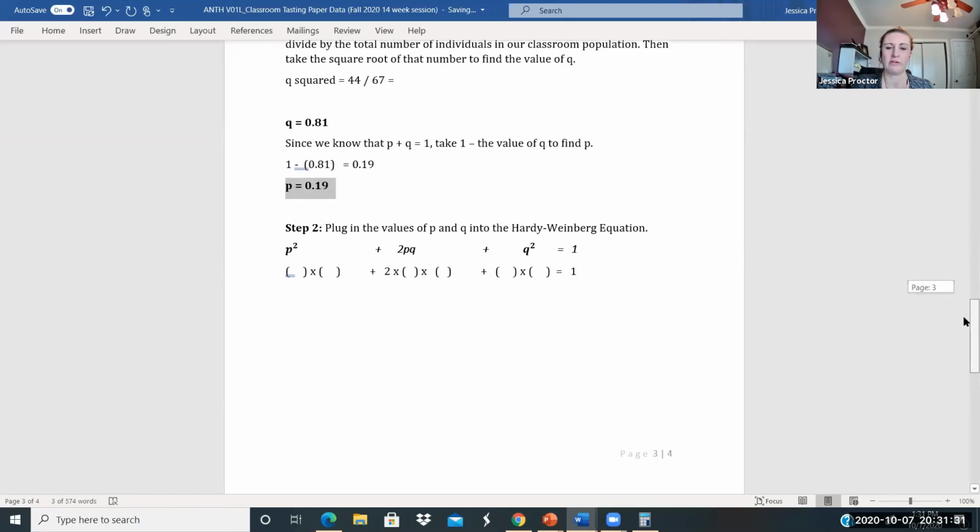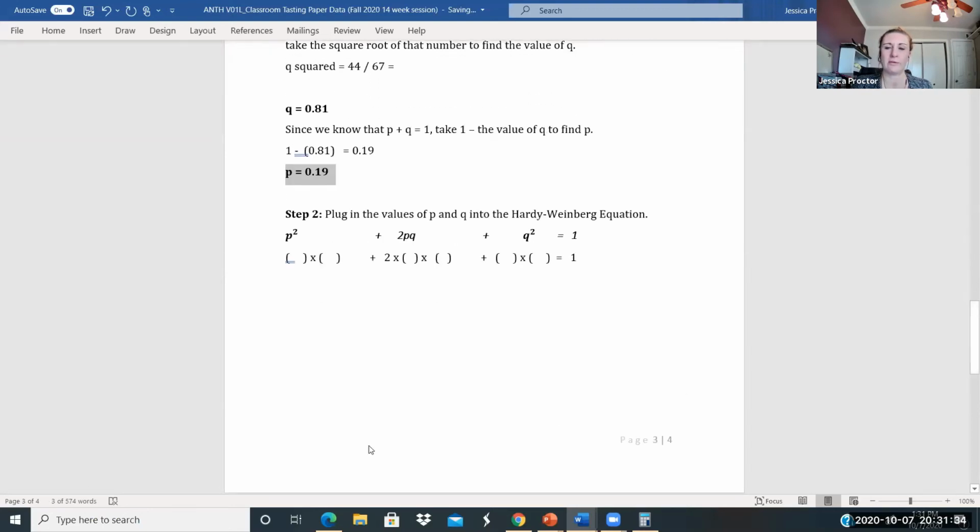And then step 2, we're going to plug in our now known values of P and Q into our Hardy-Weinberg equation. So our equation itself, P squared plus 2PQ plus Q squared equals 1. So wherever we see a P, we're going to plug in the value of P. So we see a P, so we're going to plug in the value 0.19. We see another P, because remember P squared is essentially the value of P multiplied by the value of P. And then we go to our middle part, the 2PQ.